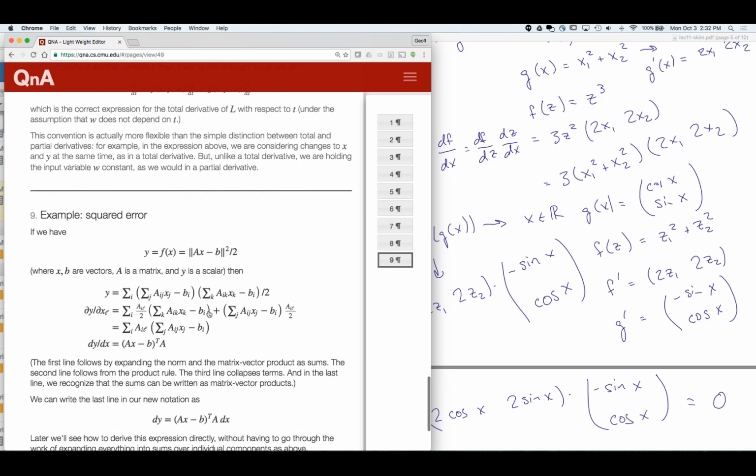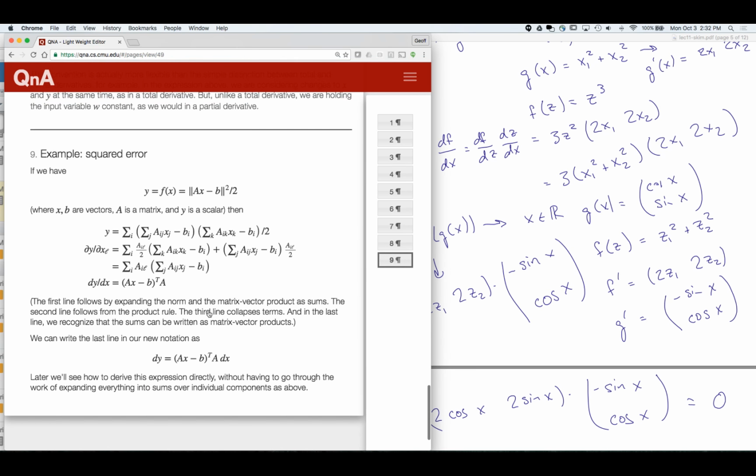All right, so we can have an example of a function in our new notation. Here we're taking a vector x, a matrix A and a vector b. x is going to be a variable vector, b is a constant vector. We're taking Ax minus b, taking the norm squared of that and dividing it by 2.